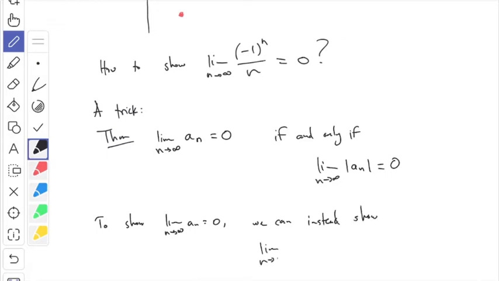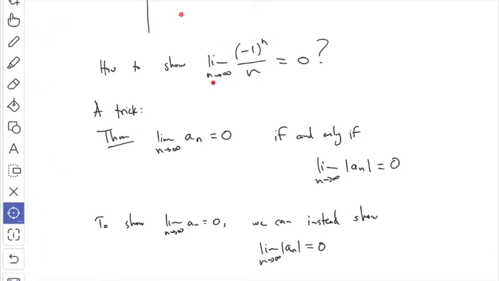Now, ordinarily this isn't really very helpful, but in this particular case it will be helpful because when I look at this thing here, instead of showing this thing is 0, I can show that the absolute value is 0. But the absolute value will just destroy this part, right? That's what makes this part difficult, this (-1)^n.